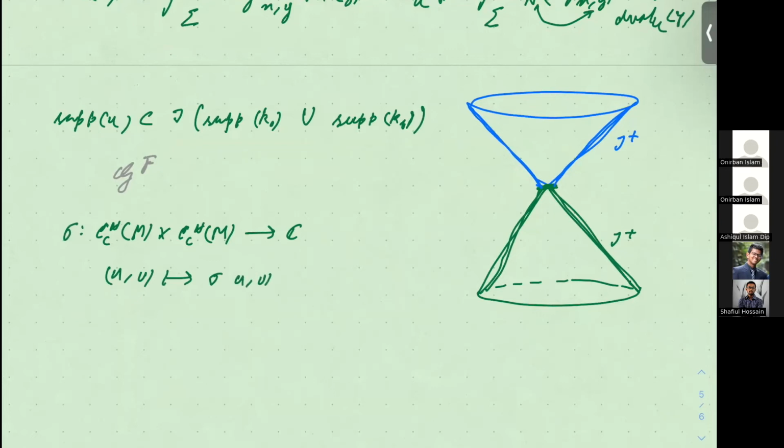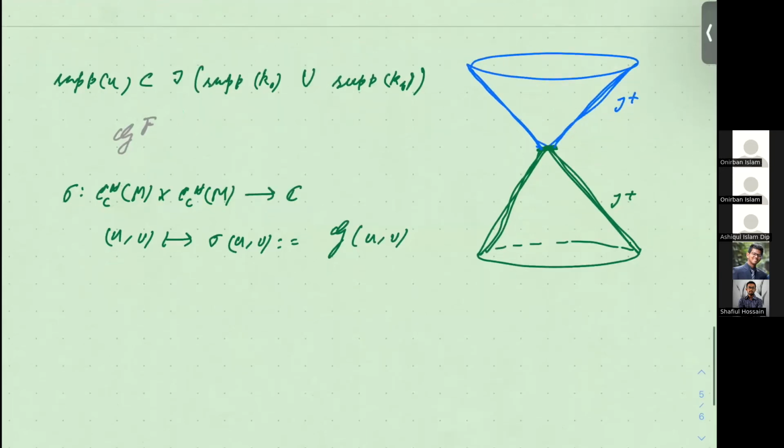Sigma of U, V is basically the Green's integral kernel eating U and V. Now we can also define an L2 inner product on this space, like C infinity compactly supported functions on M. Sorry for my handwriting.